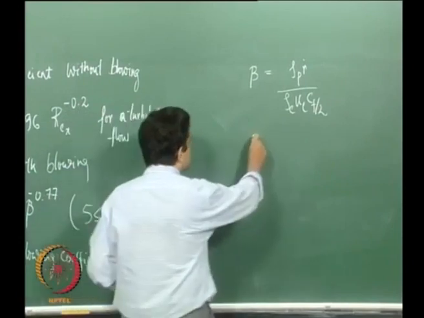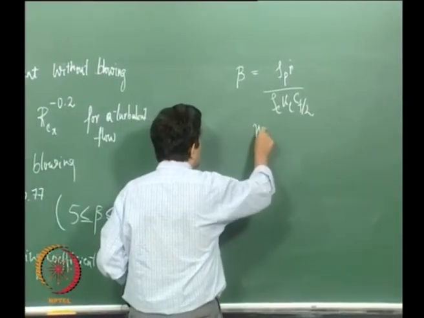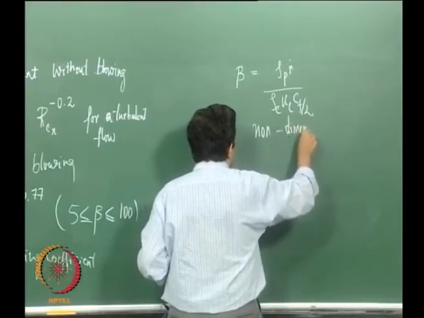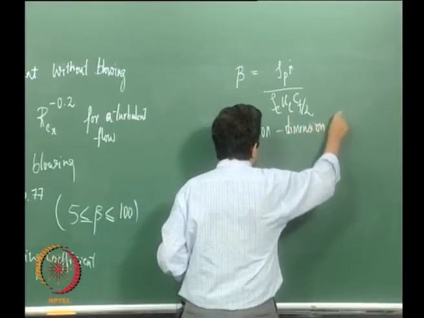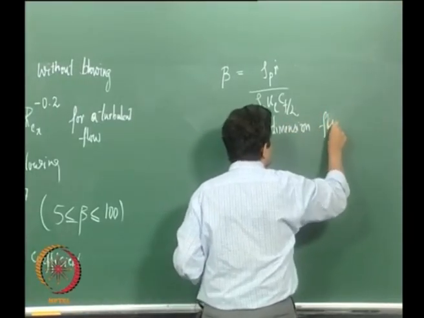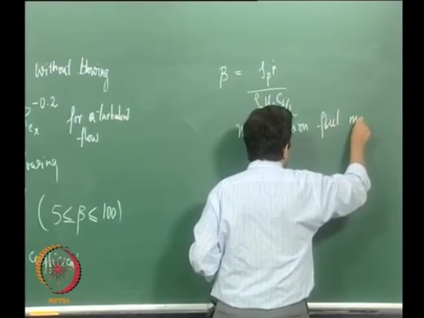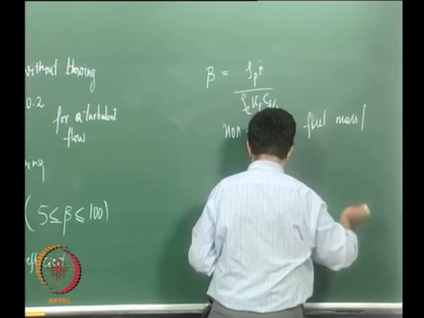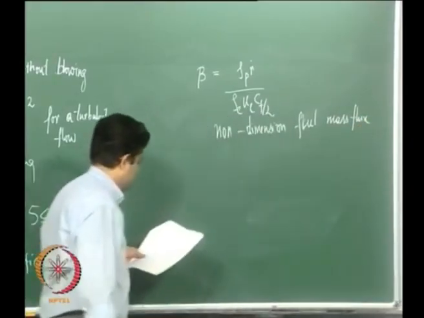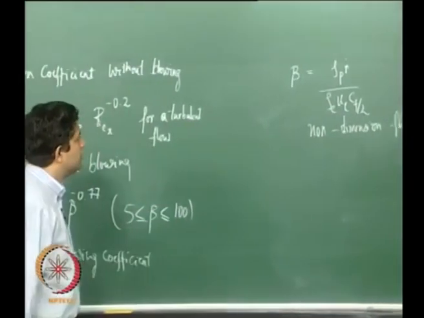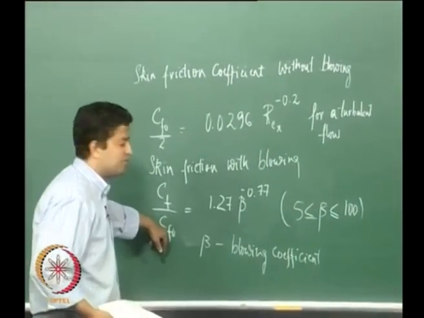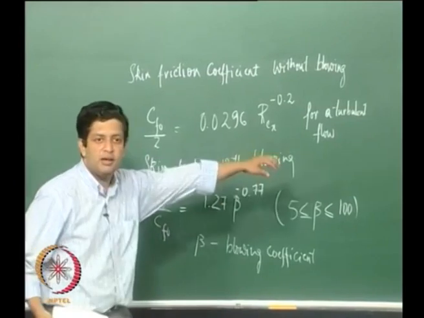It is also known as non-dimensional blowing. So we have defined Cf in terms of Cf naught into beta.